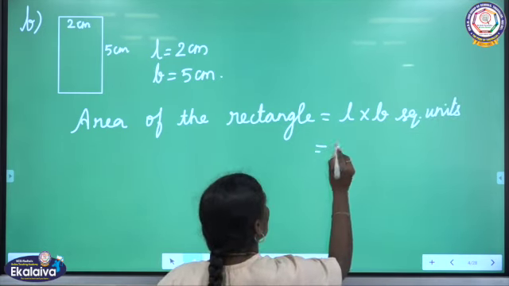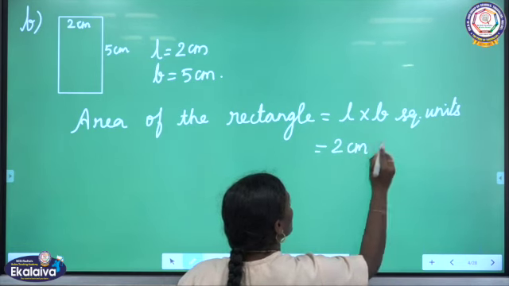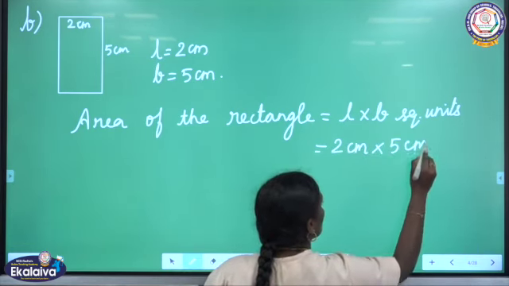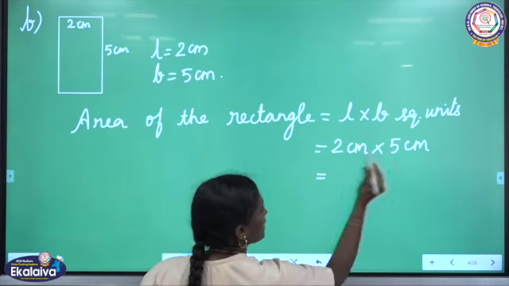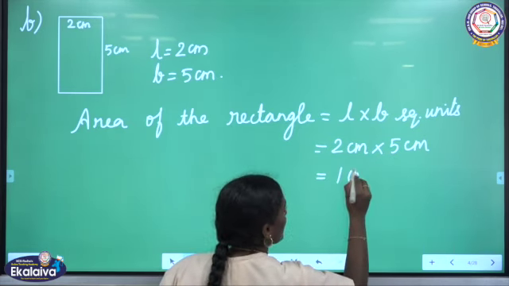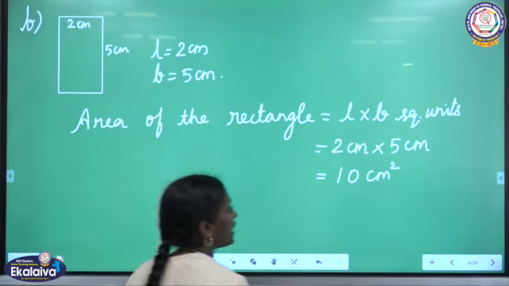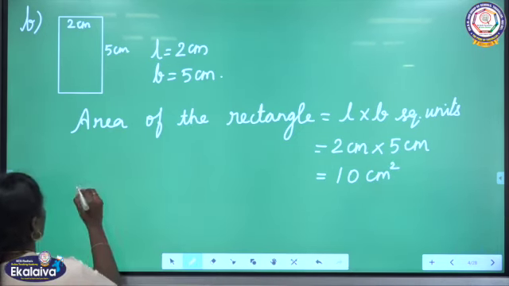Here length is equal to 2 centimeter, breadth is equal to 5 centimeter. First we have to multiply the numbers. 2 5s are 10 centimeter into centimeter, it is centimeter square. This is the area of the rectangle.